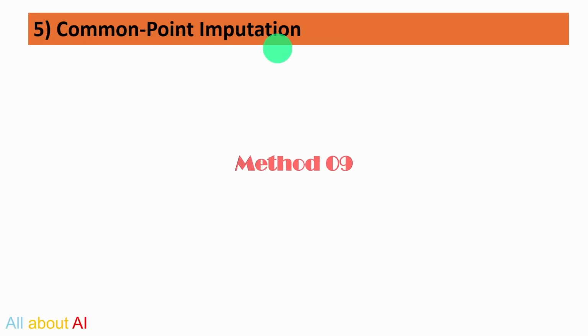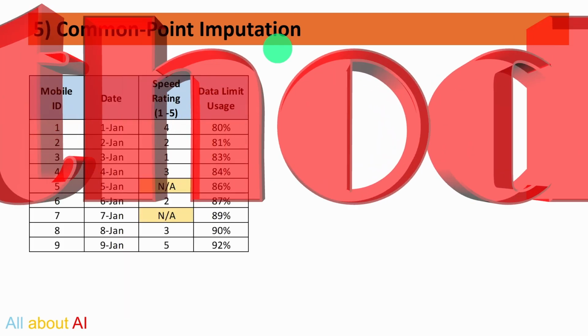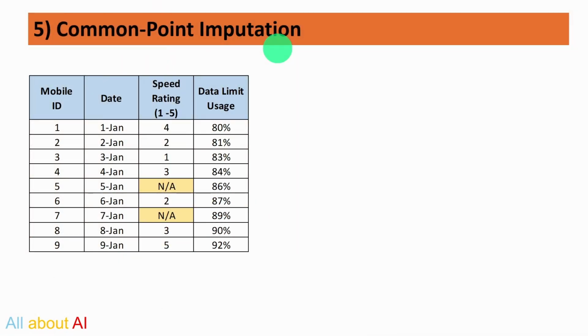Common point imputation. It is similar to mean value, but more suitable for ordinal values. For a rating scale, using the middle point or most commonly chosen value. For example, if we rate the speed as a rating between 1 to 5, if there are two missing values, we can use the most common value or the midpoint, say either 3 or 4, as the replacement value for these missing values.